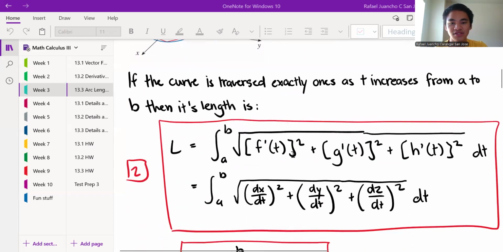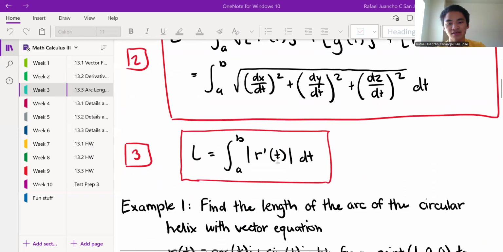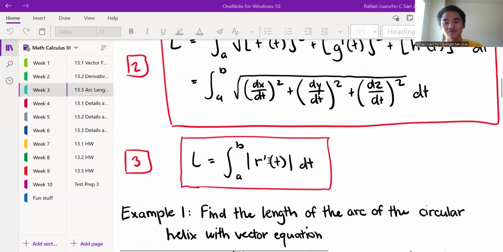And here the formula is basically an integral from a to b, and then we take the derivative of each component function, square that, and then do a square root. To simplify that formula, it's basically the magnitude of our tangent vector, or the magnitude of the derivative of the vector function.